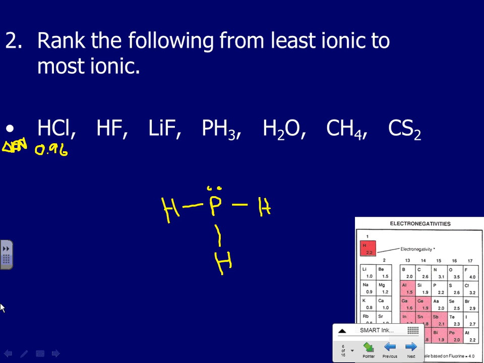I'll take some numbers as they're coming in. Somebody got an HF? If you got an HF, I'll put it up. Carissa, what do you got? 1.78. And somebody else with LiF, if you got it. 3.0. And a PH bond, if you have it. 0.01.